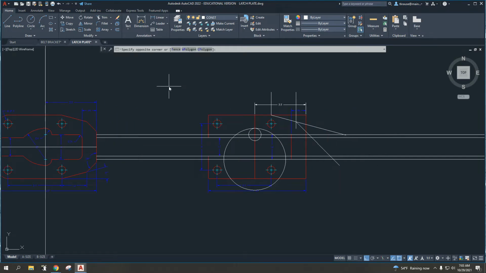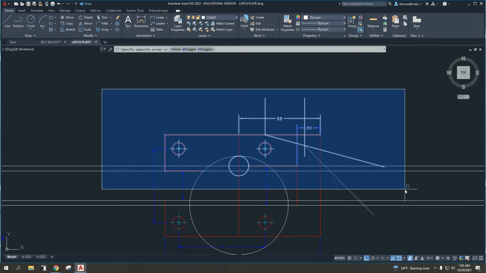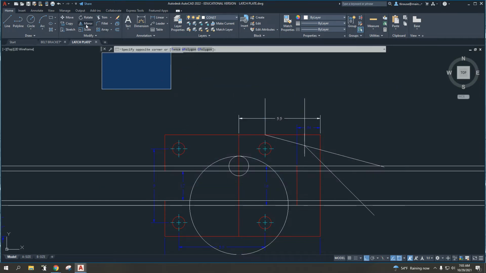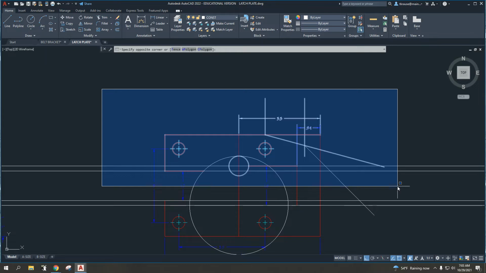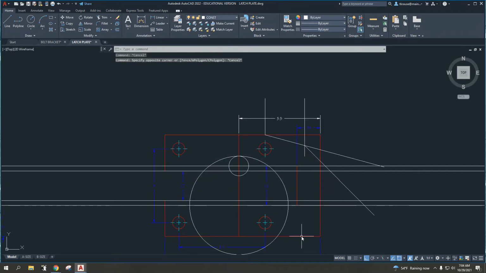So this top half, and I believe in a previous video I talked about using the mirror command, so you can either draw half of the object, which I currently have done here, the top half I've drawn. I'm going to show you how I did that down on the bottom half.